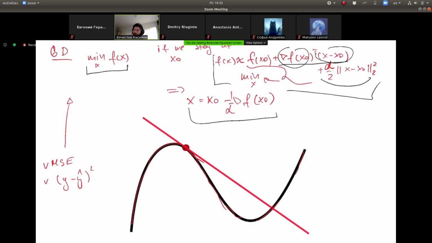What's the story for our boosting? We know how to solve it for MSE loss, which is quadratic. So we can solve the problem for the quadratic loss and develop the update rule.